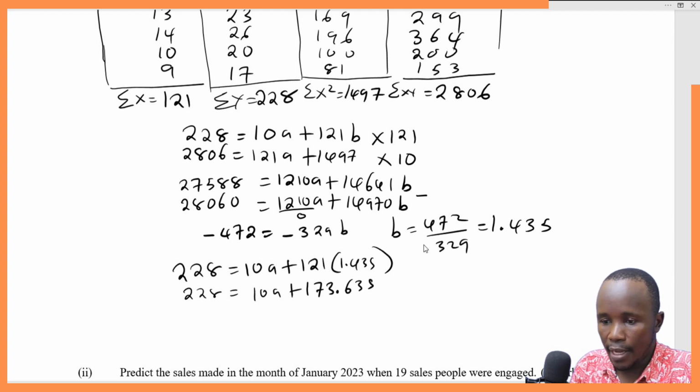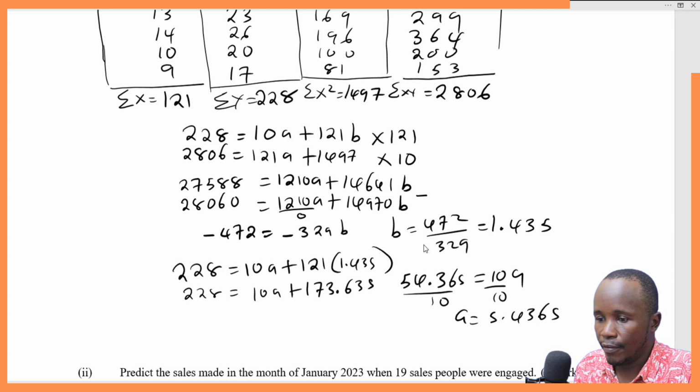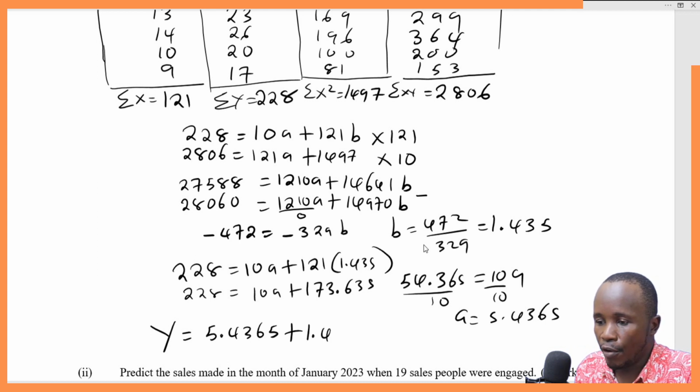So 228 minus 173.635 gives 54.365, which is equal to 10a. Divided by 10, your a is 5.4365. So your equation now is y is equal to 5.4365, which is a, plus 1.435 into b.